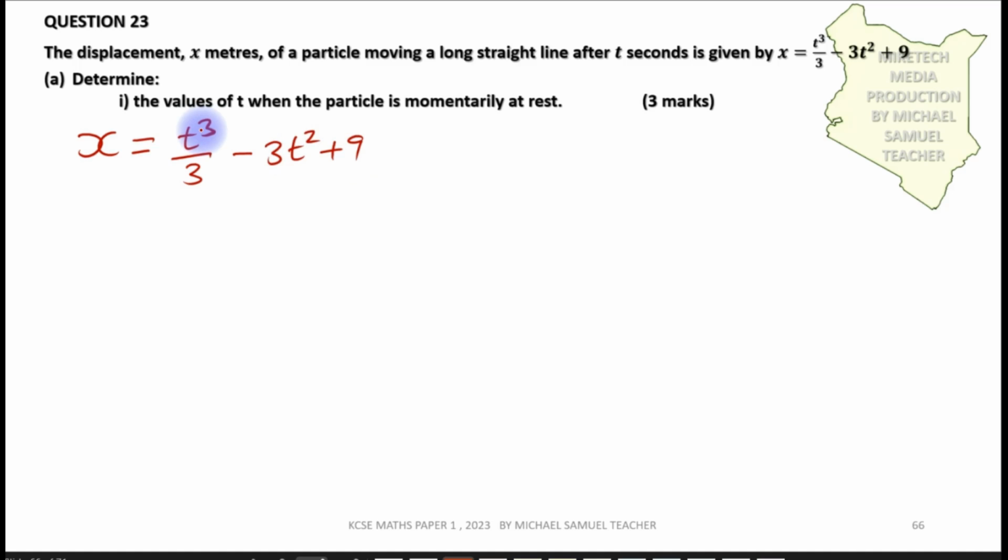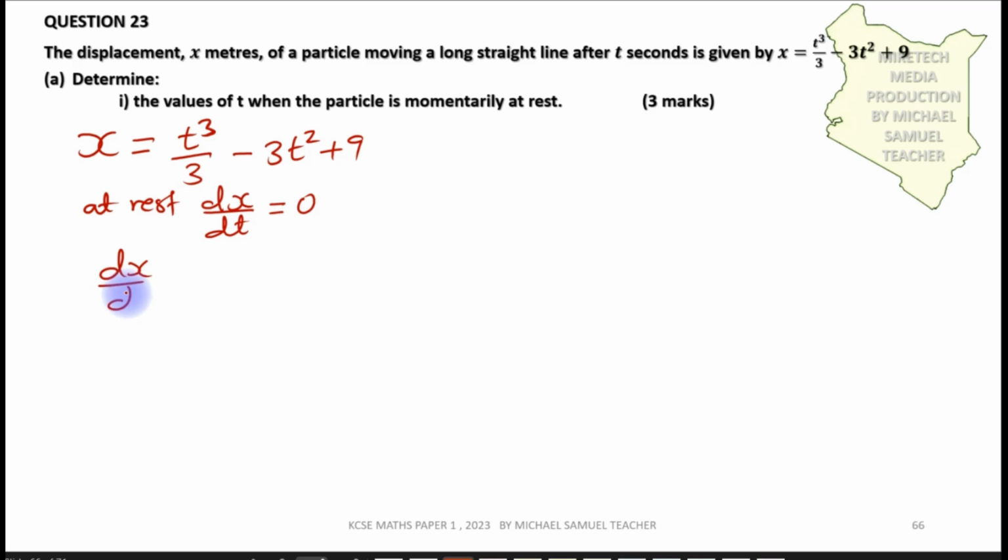What we need to know is that when the particle is momentarily at rest, then the gradient function, that is the differentiation of displacement with respect to time, is equal to 0 at rest. It is 0, or we say at the turning point, that's at the maximum height.